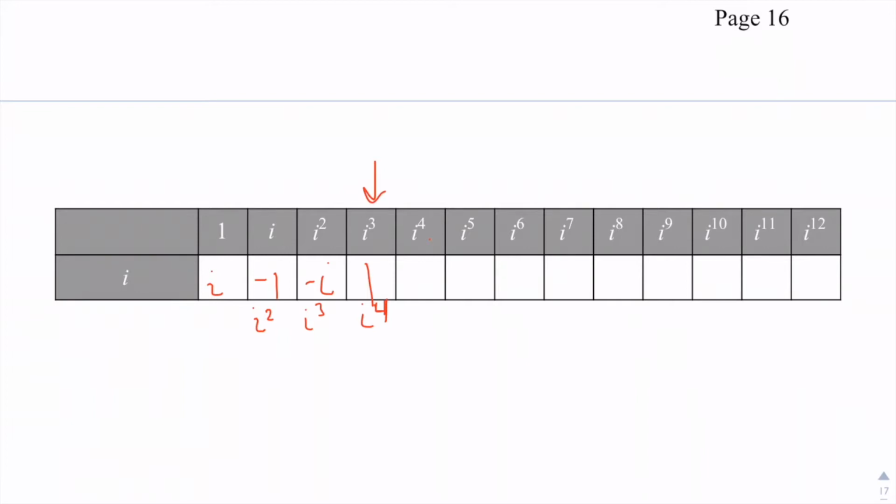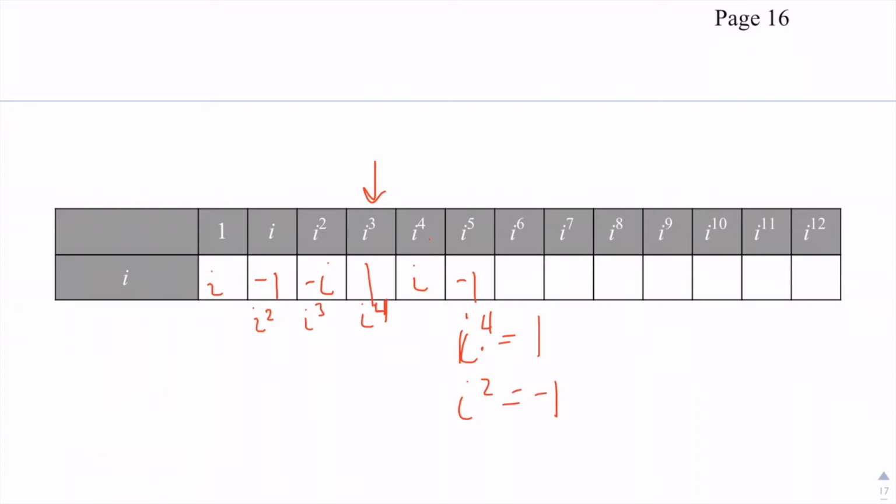So i to the fifth is just going to be i again, because it's positive 1 times i. This i to the fifth times i is going to give us i to the sixth. That's 1 times i to the second, because i to the fourth is just 1, and i to the second times i to the fourth gives us i to the sixth, which is negative 1.